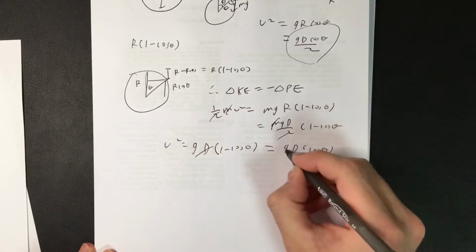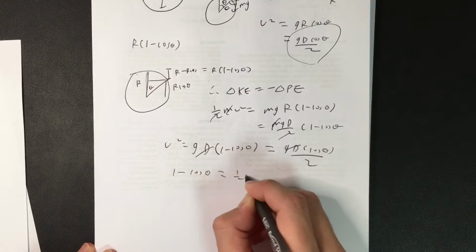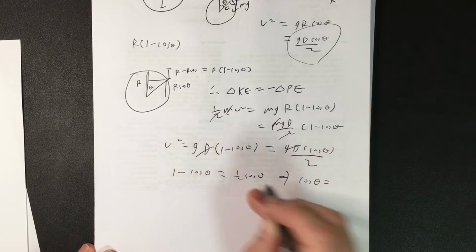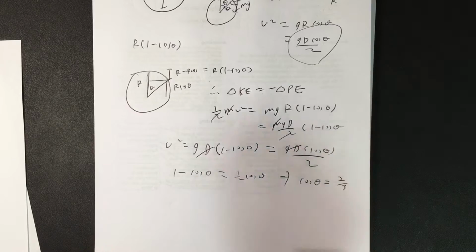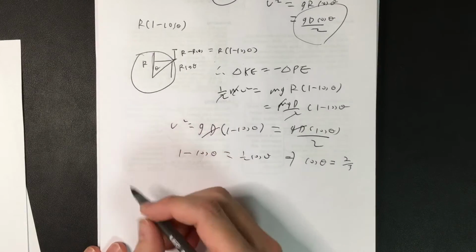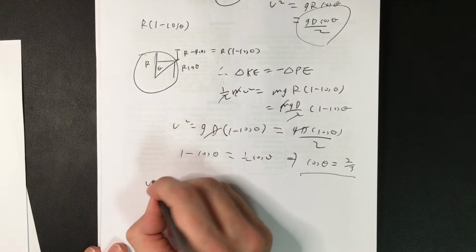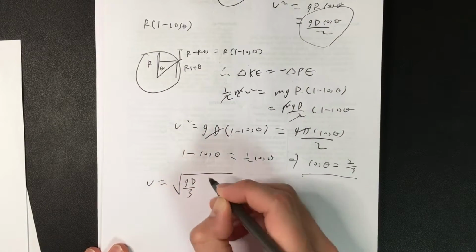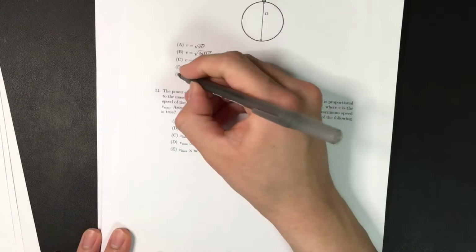Now if I solve for cosine theta, I get 1 minus cos theta equals 1/2 cos theta, in which cosine theta becomes 2/3. Therefore, plugging in this cosine theta to either of the v squared values, I get v equals the square root of gd over 3, in which, looking at the answer choices, it is E.